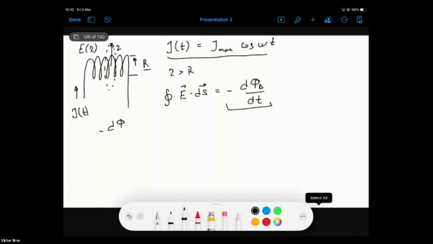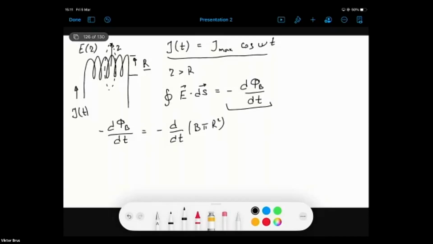The magnetic field flux derivative over time is equal to minus d over dt of B times pi times r squared. Just a few comments on why we consider this magnetic field flux.